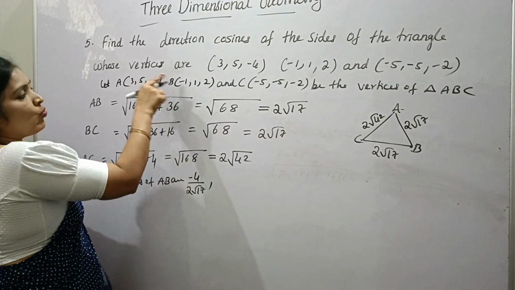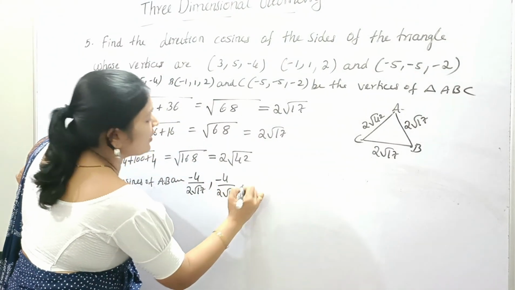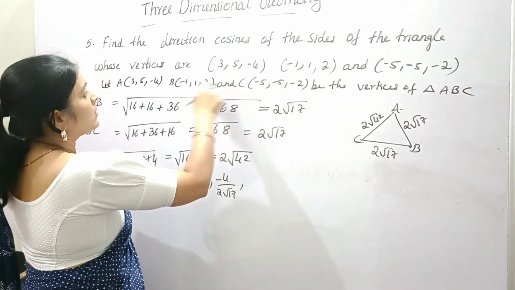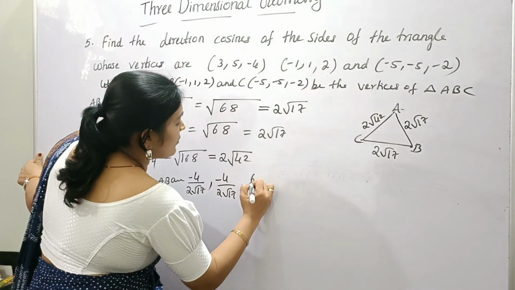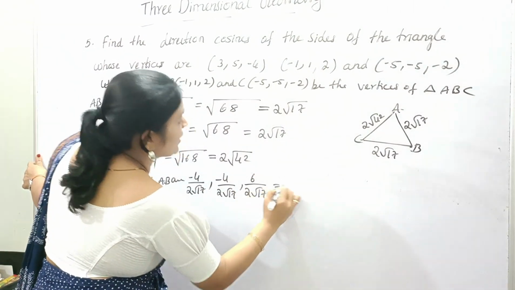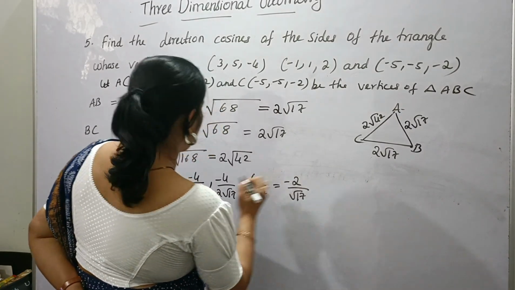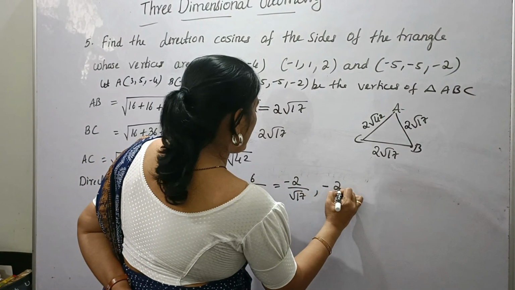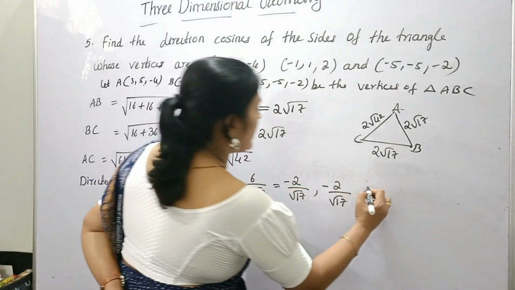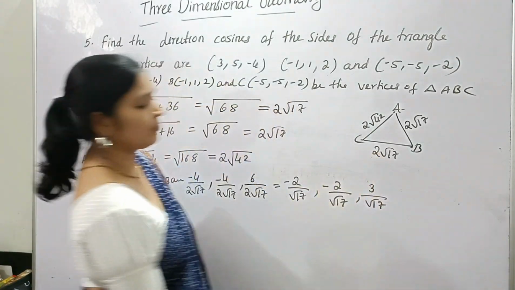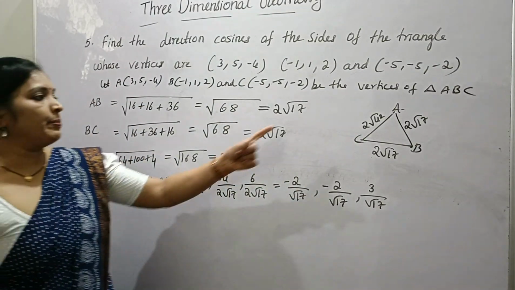Next y2 minus y1, 1 minus 5, that is minus 4, divided by 2 root 17. Next 2 minus 4, that is 6, divided by 2 root 17. Reducing, that is minus 2 divided by root 17, minus 2 divided by root 17, and 3 divided by root 17. These are the direction cosines of side AB.